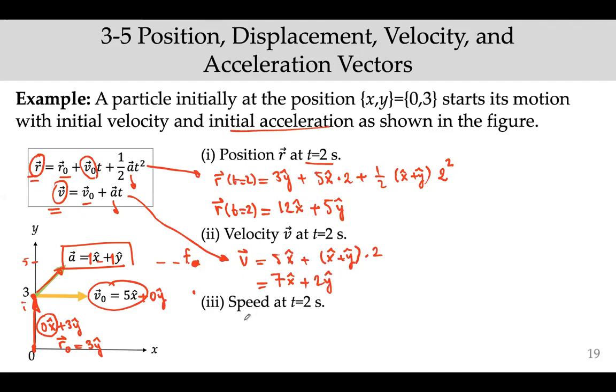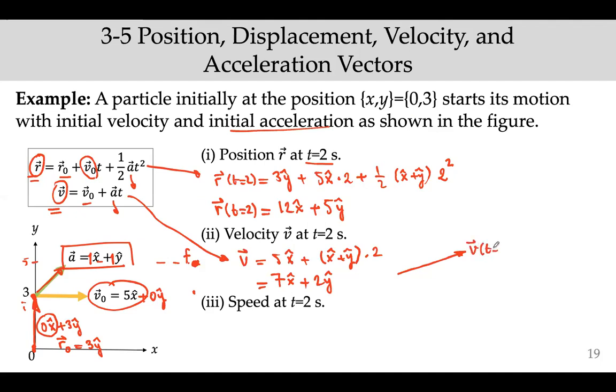So that's the velocity at time equals 2 seconds. Now look at the velocity. Initially, it didn't have any y component, but at 2 seconds, the velocity has a y component as well. Initially it was just like this, but finally, the velocity is something like this.